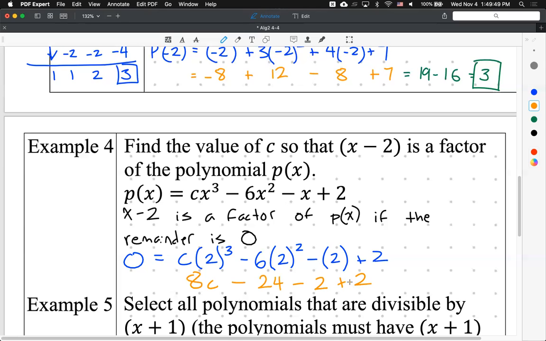Josie, you're up. And this is still set equal to 0. The right-hand side of that equation still needs to be simplified. Josie, for me, can you add -24, a -2, and a +2? So -24, -2, and 2, they all add up to?